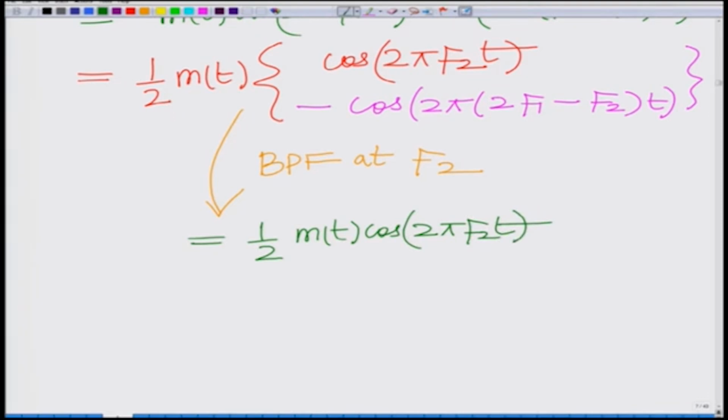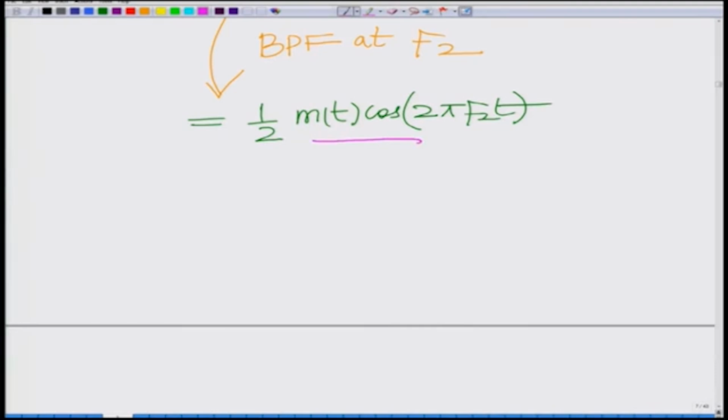That is basically mixing with f1 minus f2. Also, one can translate an incoming signal with carrier frequency f1 to the intermediate frequency f2. Note that this is also translated to f2.